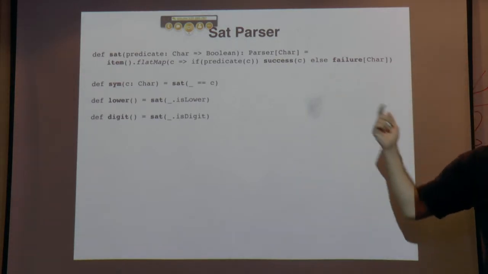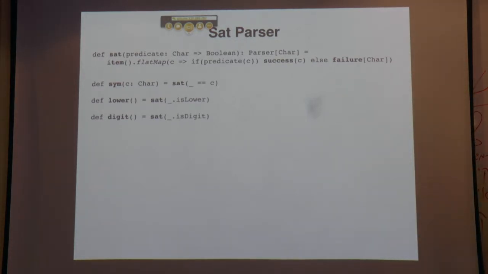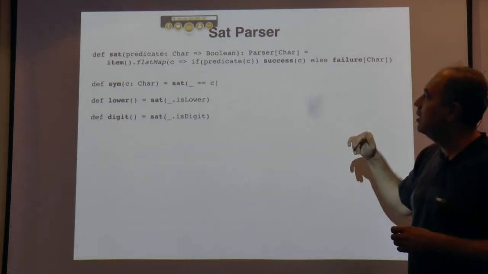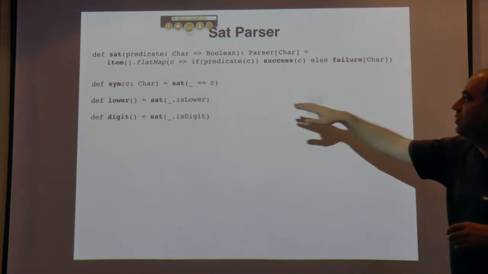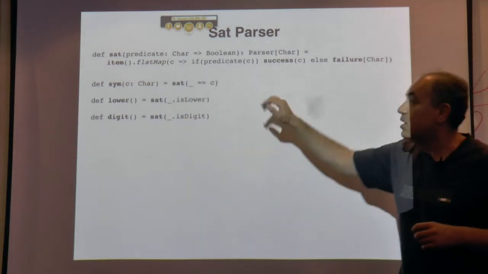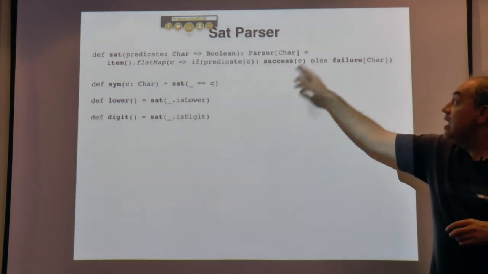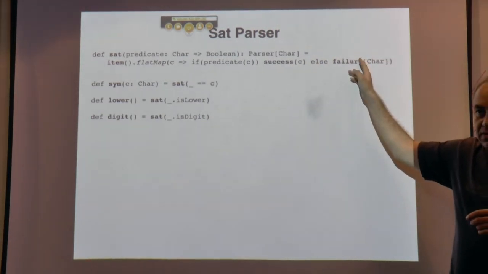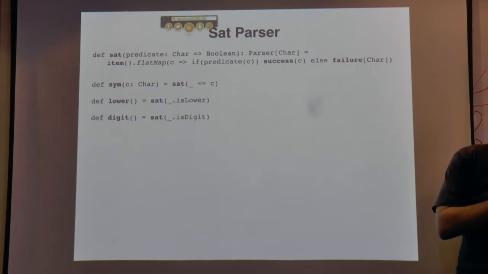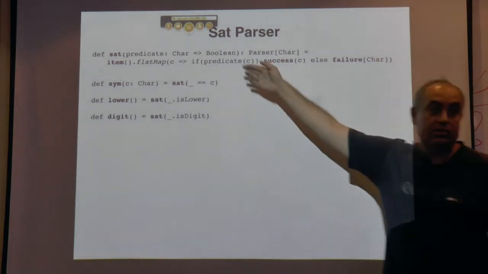The name of the parser is obscure, I know. The first character has to satisfy the predicate. If it takes the first character and it satisfies the predicate, it returns it, and otherwise it fails. So it just returns the first character if it satisfies the predicate.